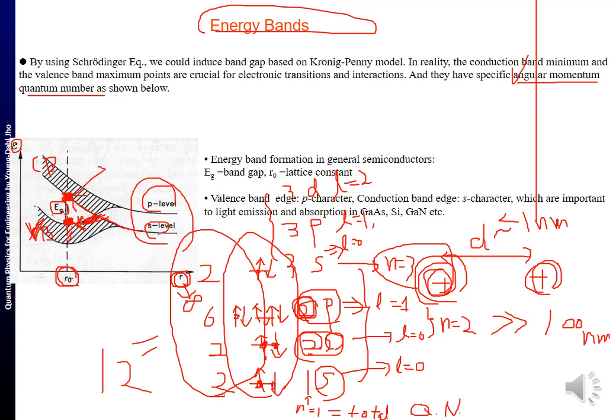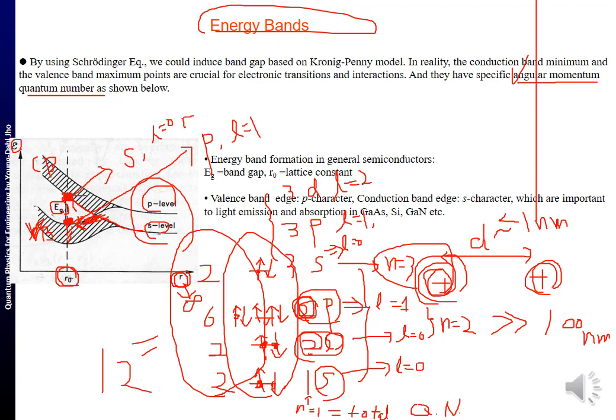So the minimum of the conduction band usually behaves like S state. The maximum of the valence band behaves like P state, and angular momentum is 0 here, and angular momentum is 1.